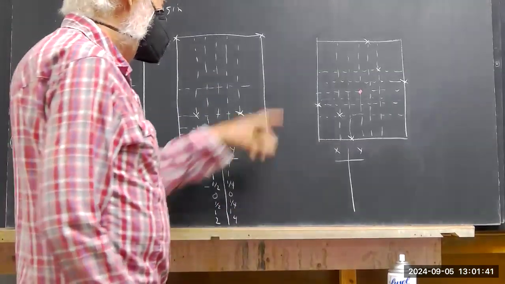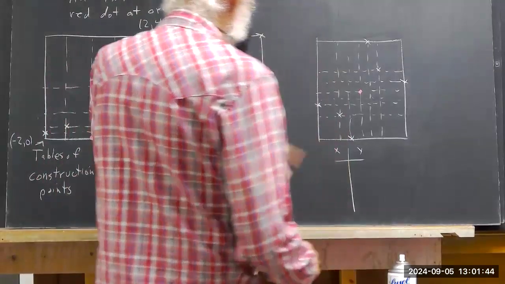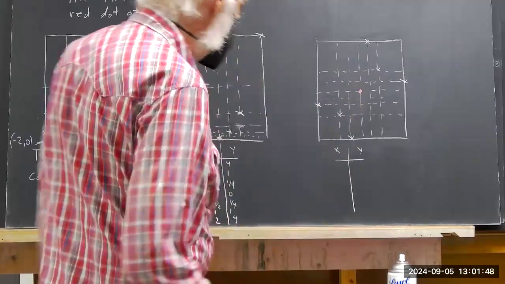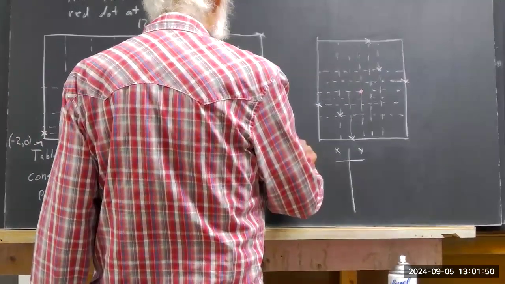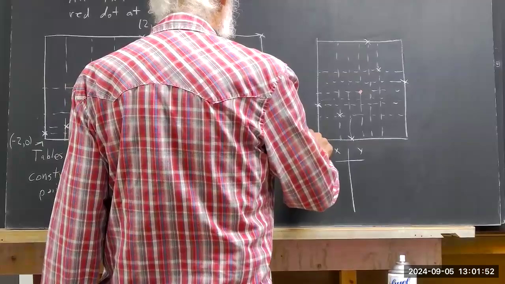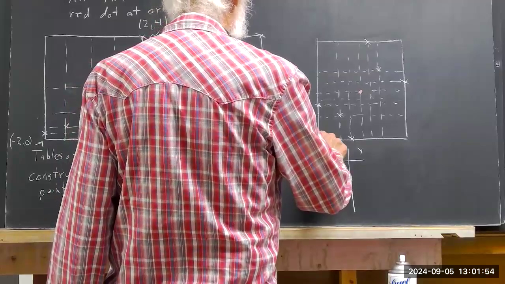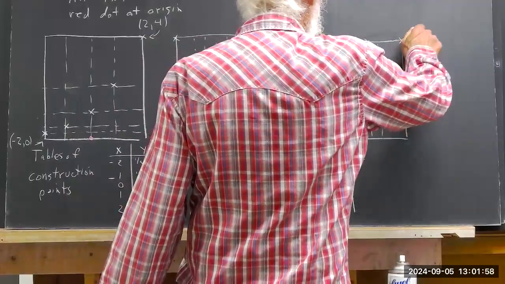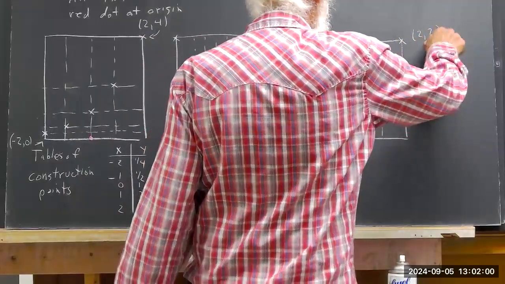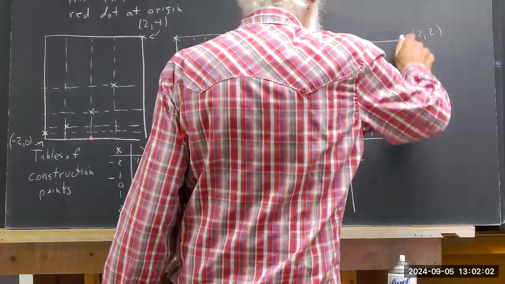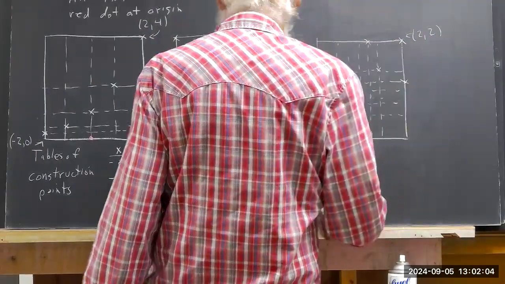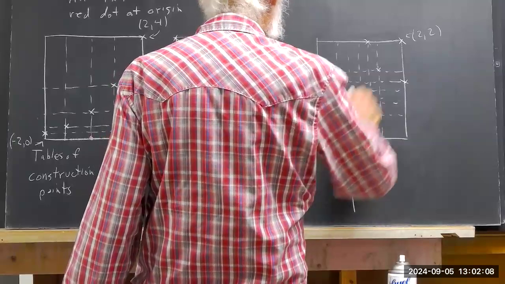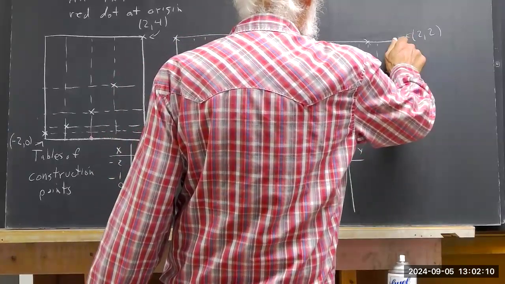Over here, now the red dot is here. This is the point 0, 0. This point is -2, -2 down here in the corner. It's not a label. And this point up here has to be 2, 2. I probably shouldn't put an X there, so I use X for the structure points.